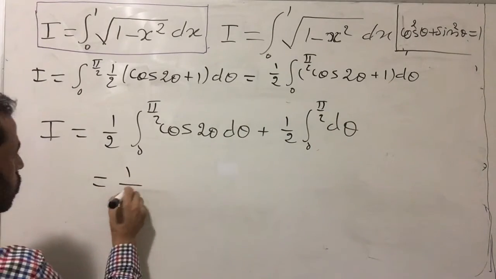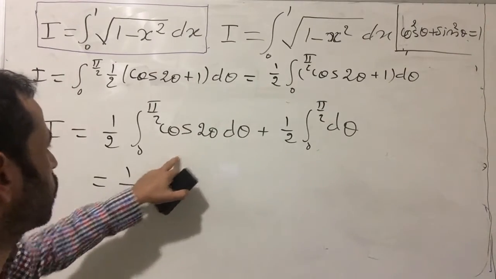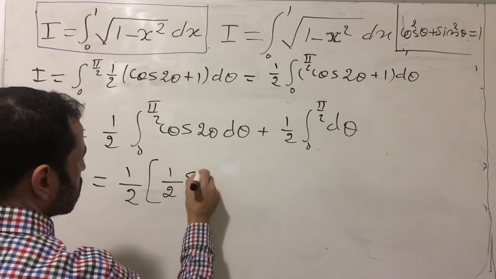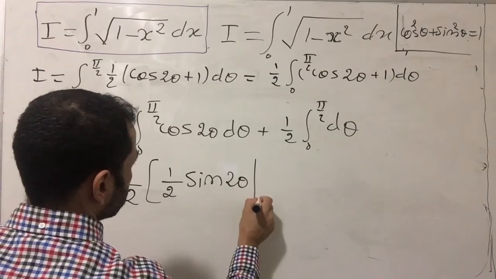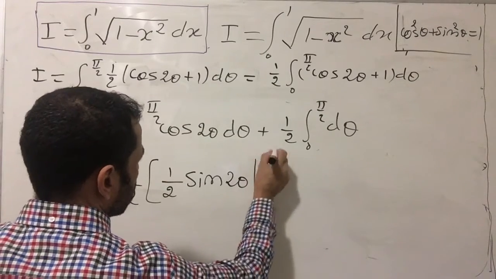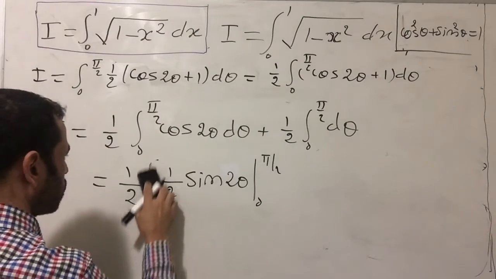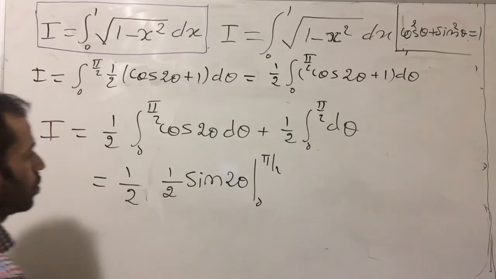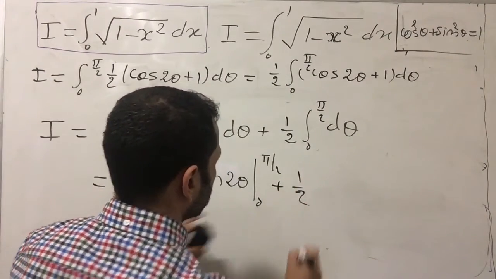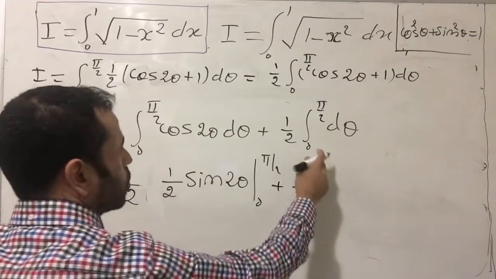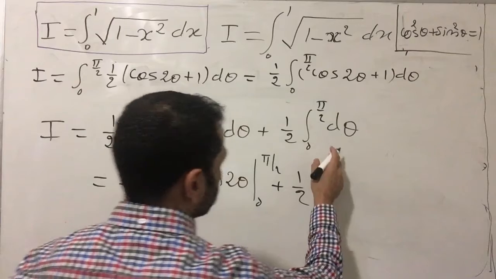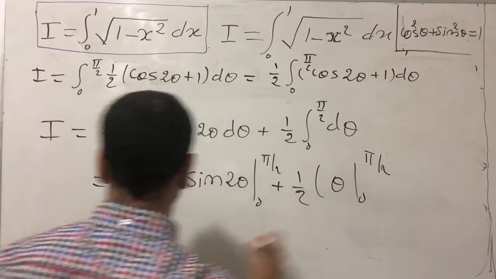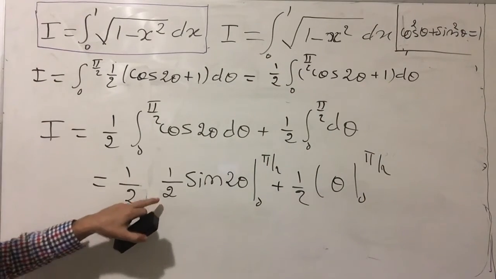Now I find the primitive. For the first one, I have 1 over 2 times 1 over 2 sine 2 theta, from 0 to pi over 2, which is 1 over 4 times sine 2 theta. The second one is simple and straightforward: the primitive is theta from 0 to pi over 2, which is pi over 2.